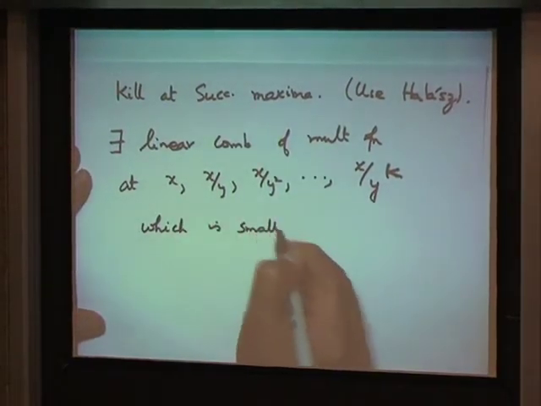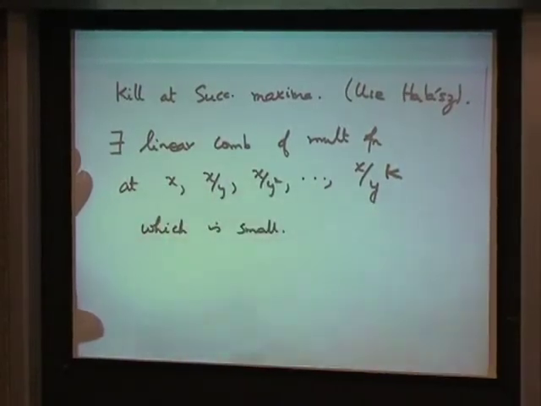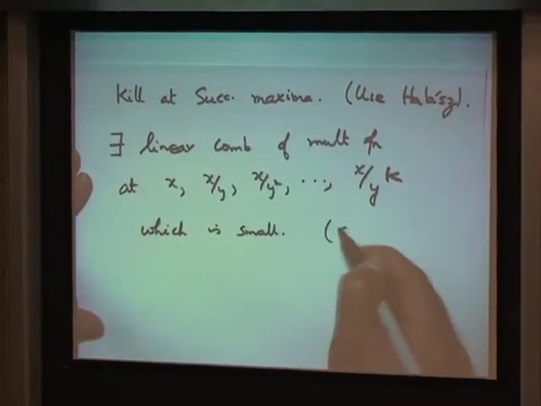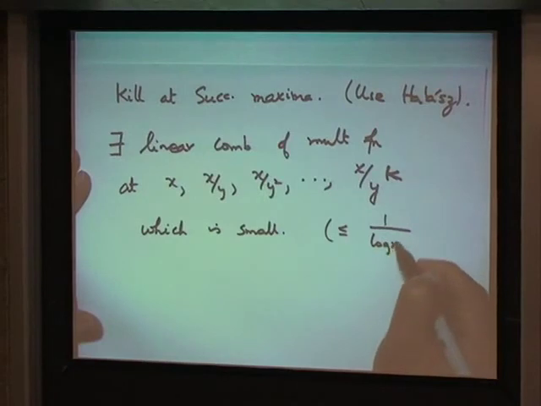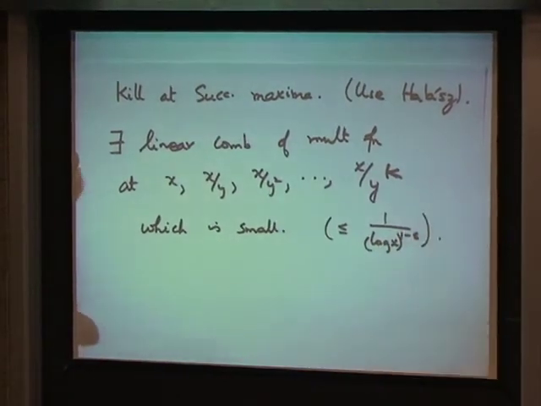So this is a linear combination of the averages at these points, and you can prove that it's smaller than something like 1 over log x to the 1 minus epsilon.